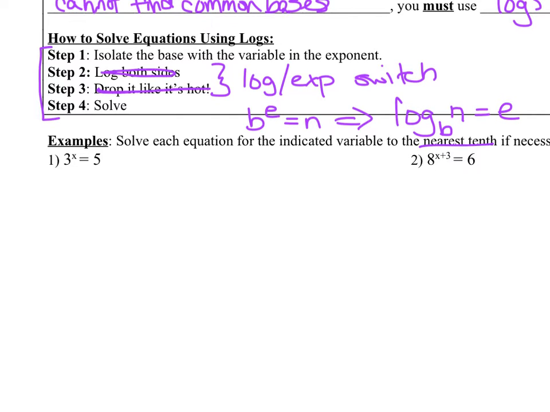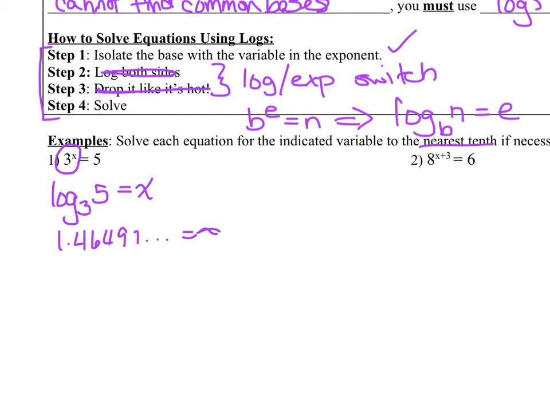All right, so we isolate the base with the variable and the exponent. So this is the base with the variable and the exponent. It is isolated. Now we do the log switch. So it's log base 3 of 5 equals x. Look at that. X is solved for. We're basically done. We just plug this into our calculator, and it's 1.46497, blah, blah, blah.